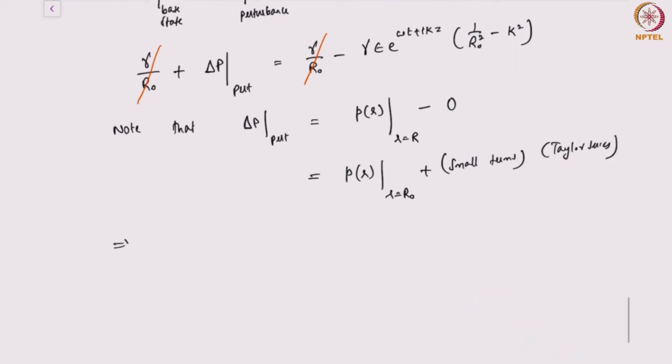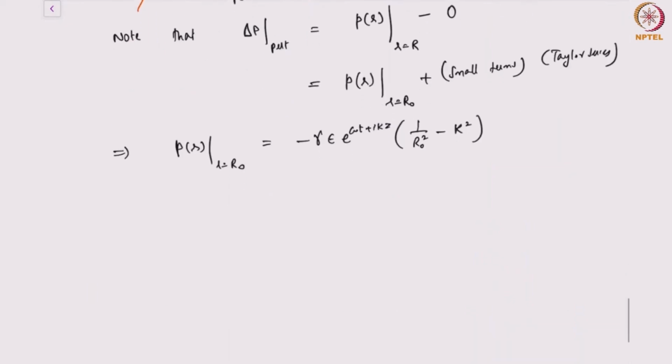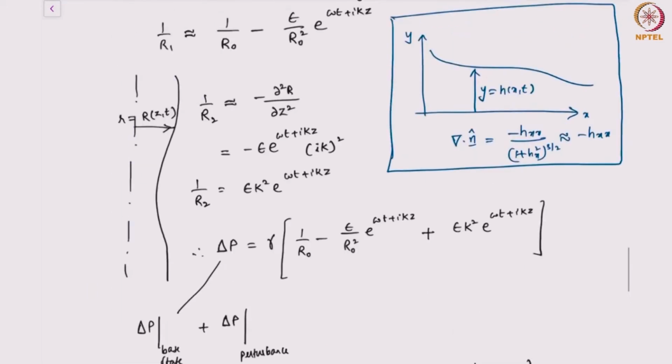So P of R at r equals capital R0 is nothing but minus gamma epsilon e power omega t plus ikz times 1 by r0 square minus k square, right?